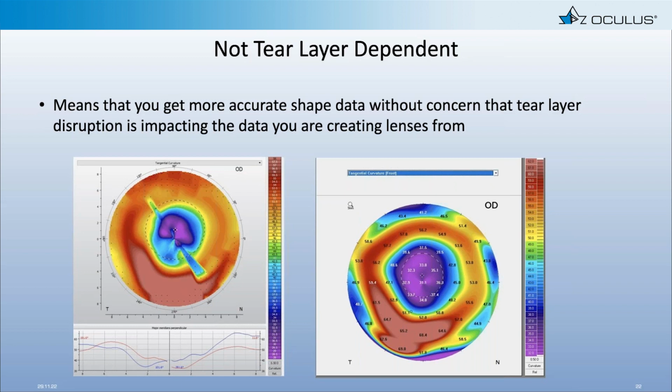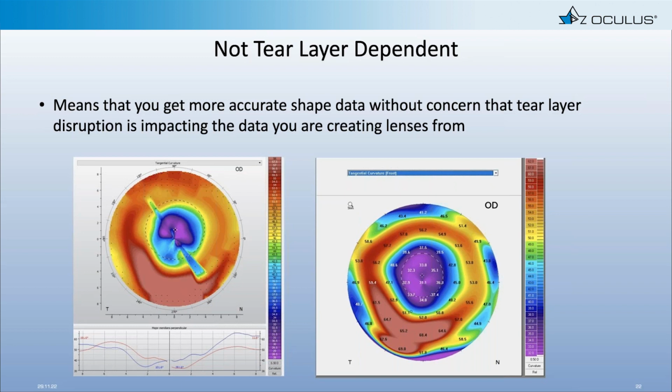You're going to have issues with reflection-based systems sometimes, and you're going to get the picture on the left here. Now take into account, this is not an Ortho-K patient. This is just a patient who's post-RK, I believe. But these are topographies taken with different instruments of the same cornea at the same time.